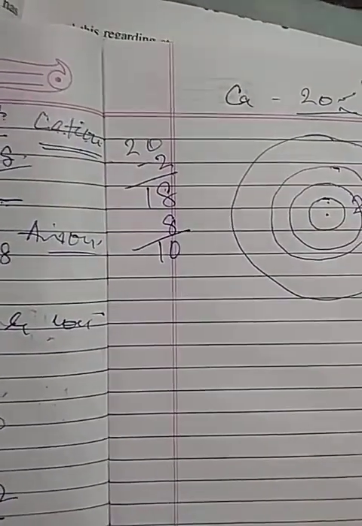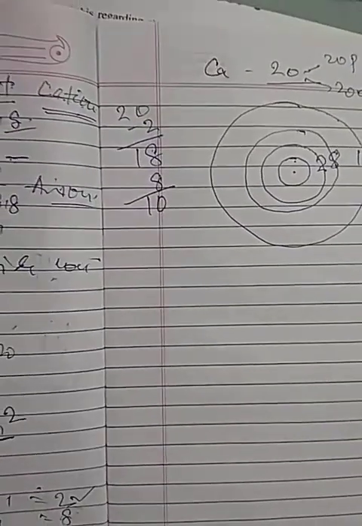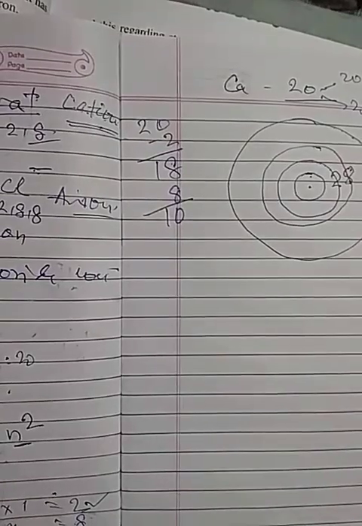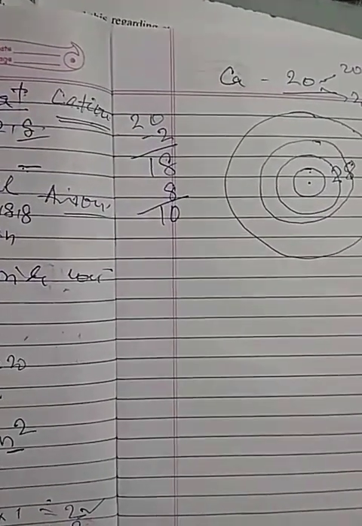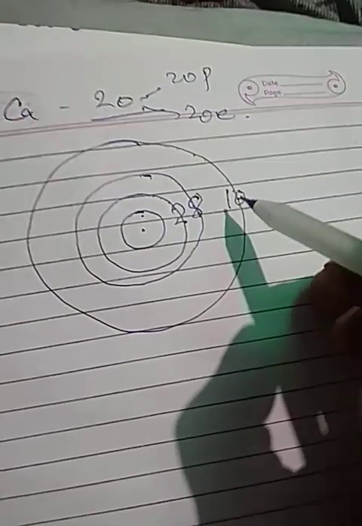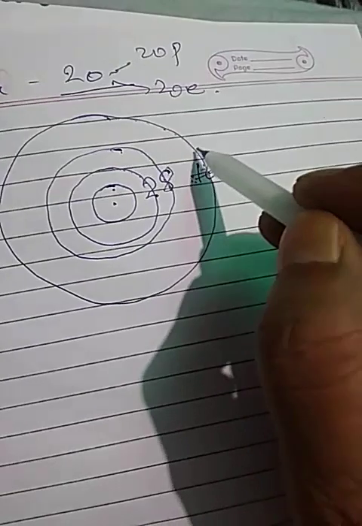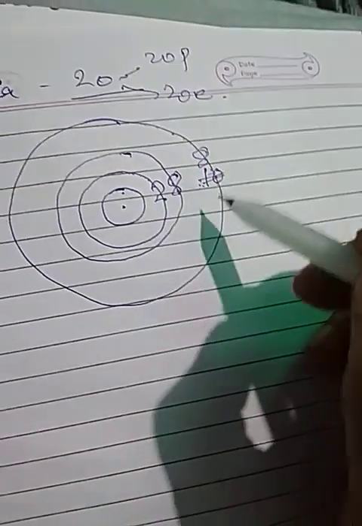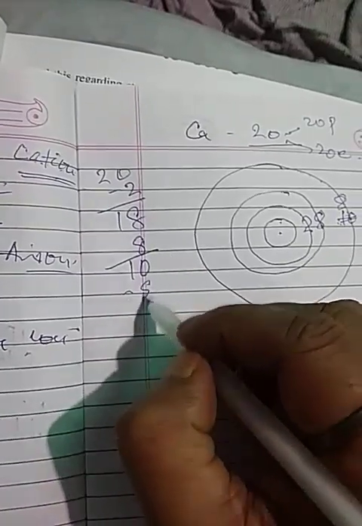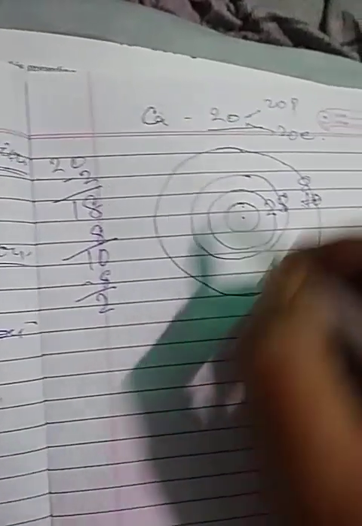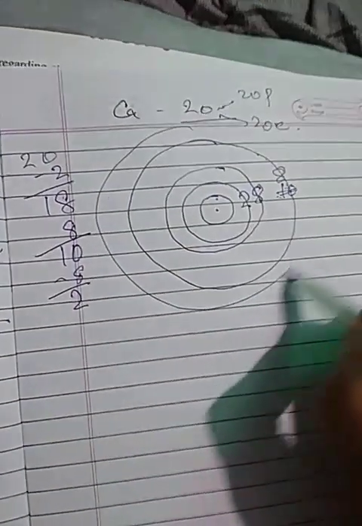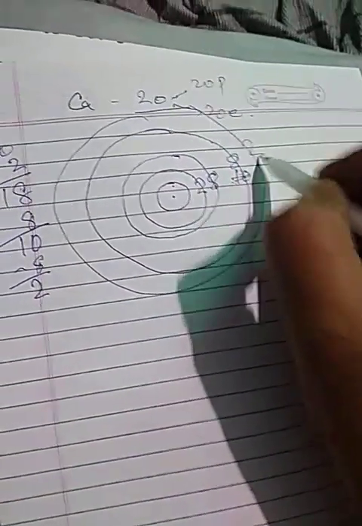I had told you earlier that except helium, all the inert gases have 8 electrons in the outermost cell. So instead of having 10 electrons here, the third cell will be formed with 8. Now minus 8, it is left with 2. Then the fourth cell will be formed.